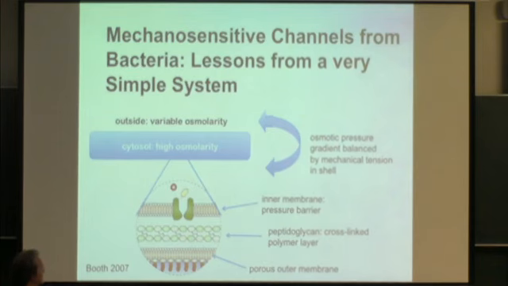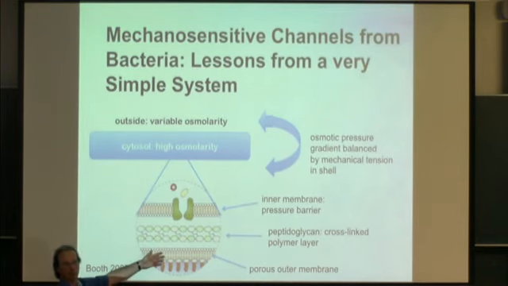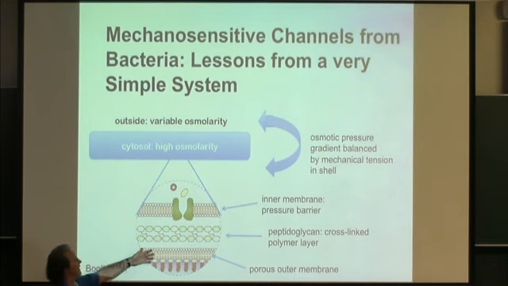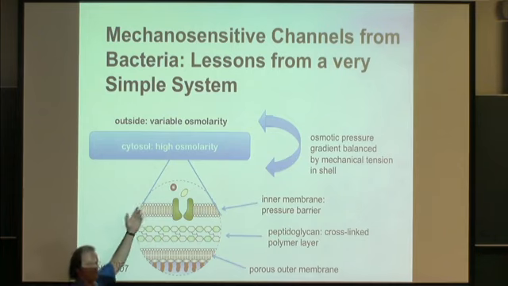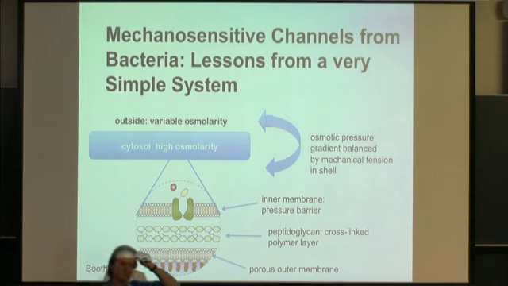This shell is depicted here. You have a porous outer membrane. Because it's porous, it's not a barrier for osmotic effects. You have an inner membrane that's impermeable to the solutes, so the osmotic pressure is acting over that membrane. And then you have a peptidoglycan. It's basically a cross-linked polymer layer.